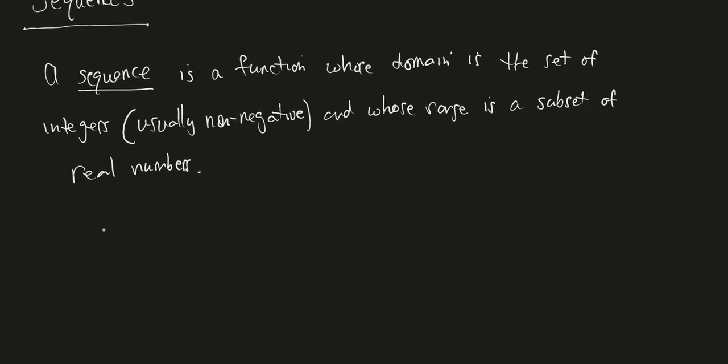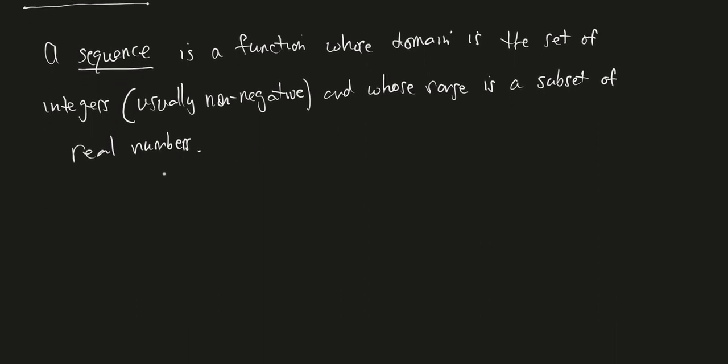To give you a sense of what they are, I want to do a comparison between the functions that we've used up to this point, especially the ones that pretty much dominate what we do in the first semester of calculus, and the sequence. So, functions versus sequences, first with the notation.